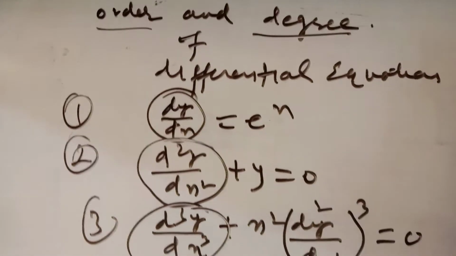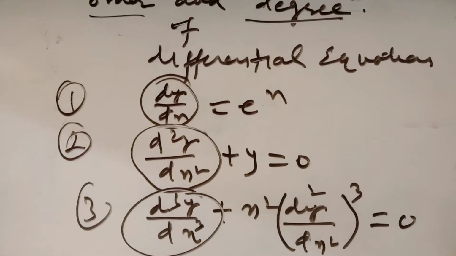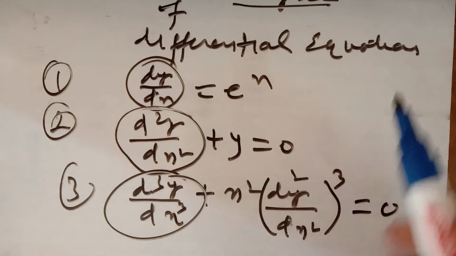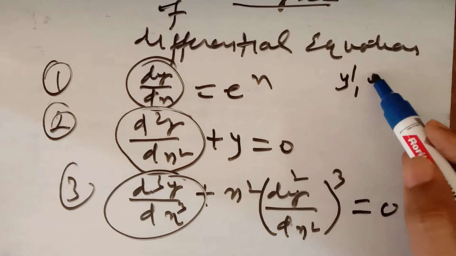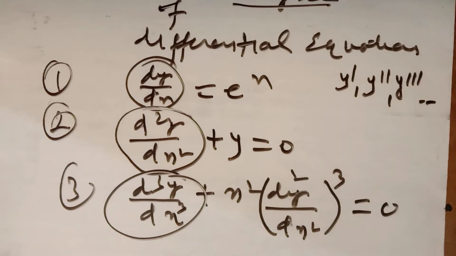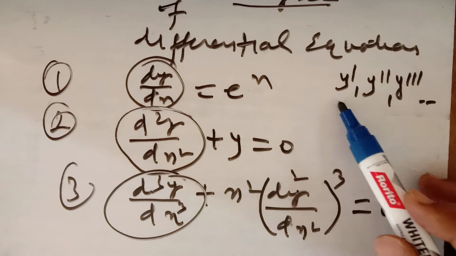Now after that we have degree. Now what is a degree? Listen to it very carefully. The main thing in finding the degree is that the differential equation must be a polynomial in terms of y dash, y double dash, y triple dash, and so on. The differential equation must be a polynomial equation in terms of its derivatives.